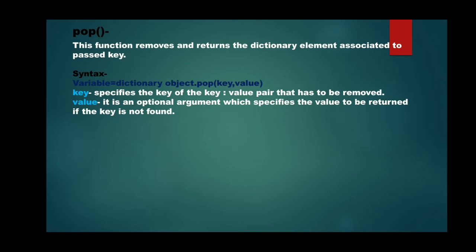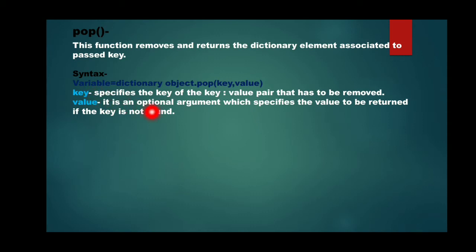The syntax of the function is variable is equal to dictionary object name dot pop, and within brackets we specify the key and there is a second argument known as value. We will see what is the use of this argument right now. First of all, whatever key we specify over here, that key value pair will be removed from the dictionary and the value of that key will be stored in this variable.